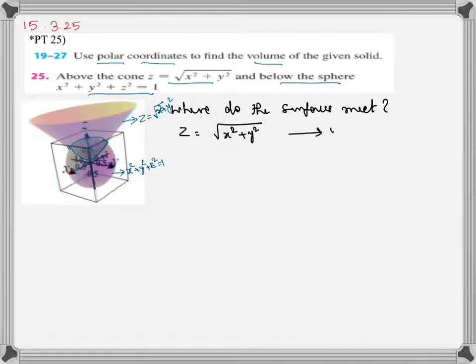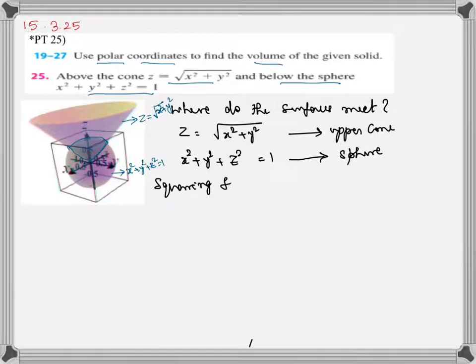So z equal to square root of x square plus y square, which is the upper cone. Squaring this, and the sphere is x square plus y square plus z square equal to 1. By squaring the upper part of the cone, we get z square equal to x square plus y square. And you substitute that into the equation of the sphere, x square plus y square plus z square equal to 1.